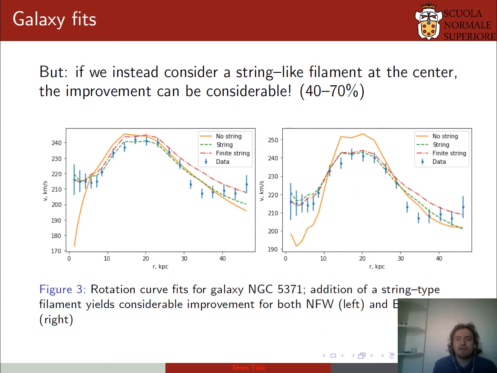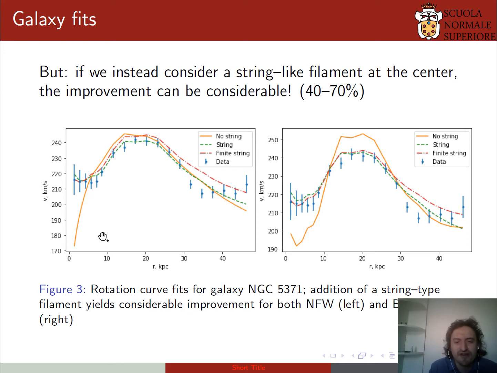Nonetheless, if instead we opt for an elongated filament at the center of the galaxy, it can produce considerable improvement, larger than 50% for a number of galaxies.